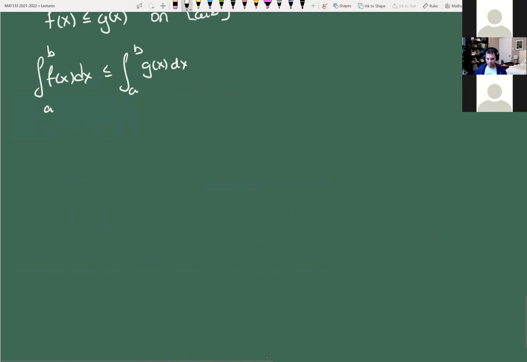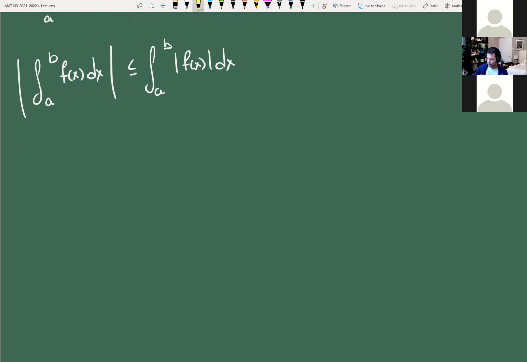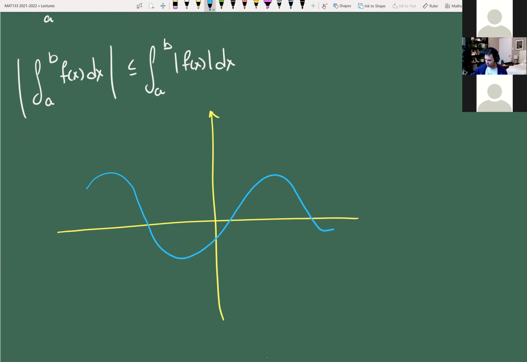It's not something that will come up a lot in this class, but subnormality is this statement. Let me show you an example of where this would be true. So the integral on the left, let's say my function looks like this, and this is A and this is B. The integral on the left says find the area, and we know that integrals are signed area, right?